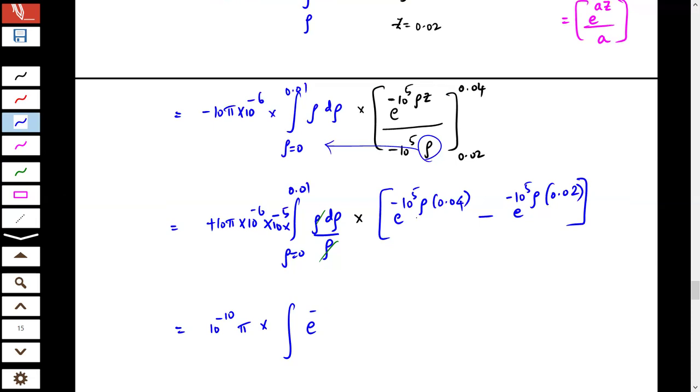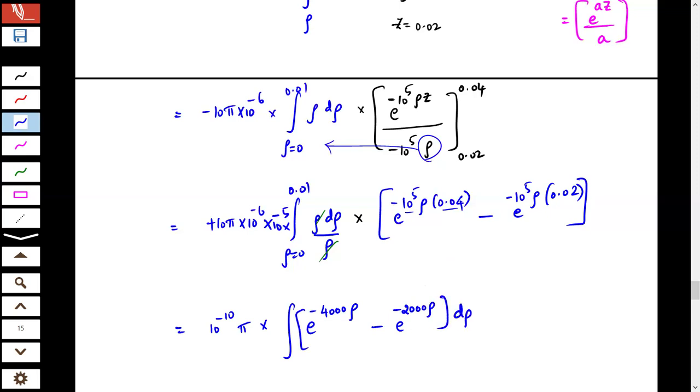So I can write 10 power 5 into 0.04. This will be 4000 rho, and second term is e power minus 2000 rho.